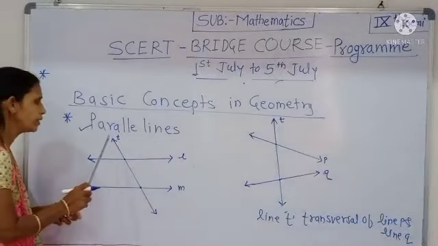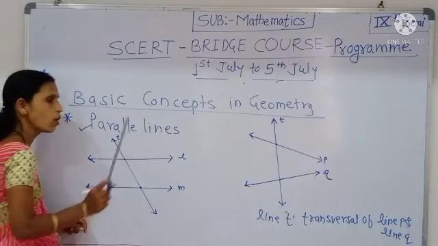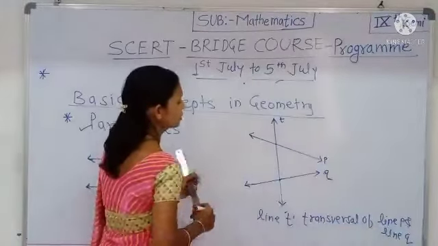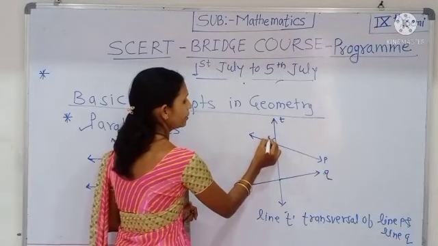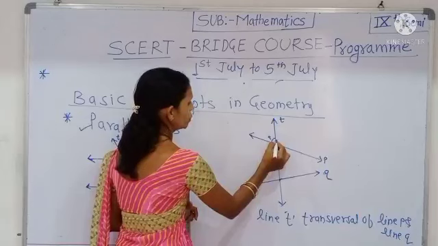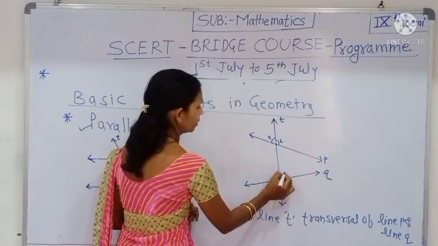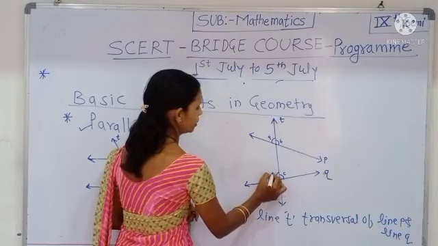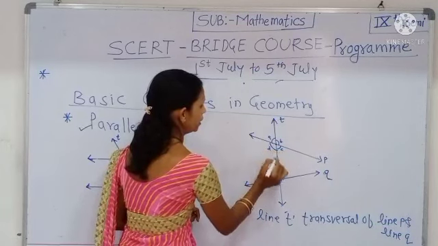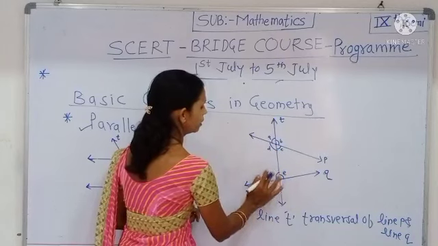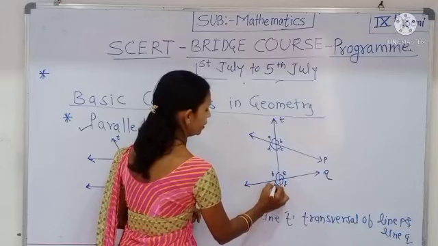Then when a transversal intersects parallel lines or non-parallel lines, a total of 8 angles are formed, which are represented by small a, b, c, d, e, f, g and h.